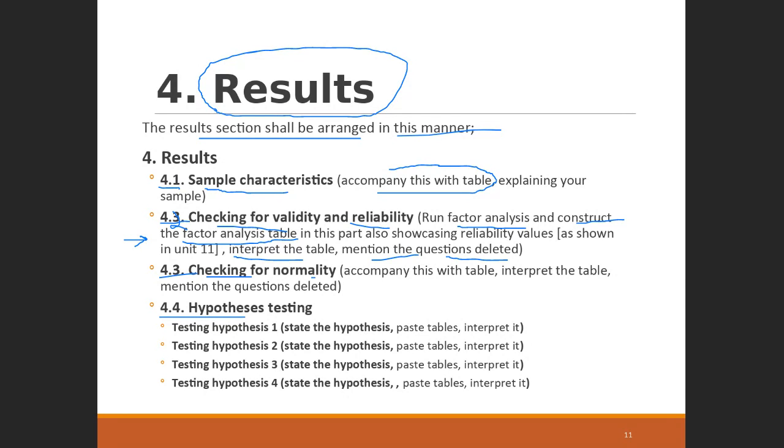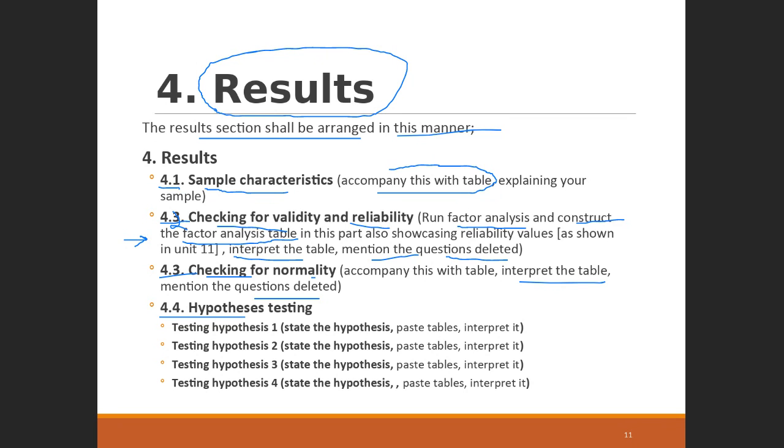Next, 4.3 is checking for normality. Again, you need to insert a table here and interpret the table, that is, why there were no normality concerns. And if there were normality concerns, which questions were deleted. You need to mention the skewness values and the kurtosis values in your tables. And you just interpret them, that all the values are following the ranges or the values which were stipulated by the authors.